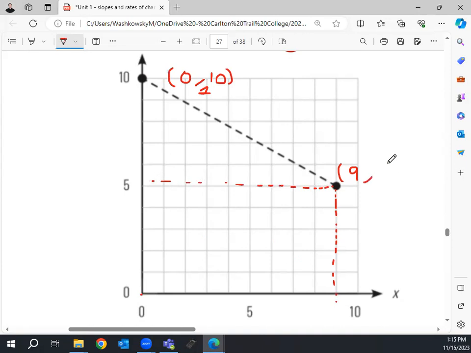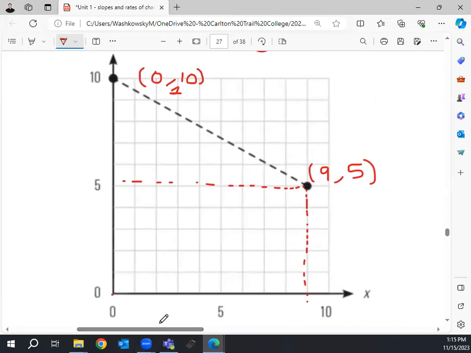So this one's 9 and 5. And you can always take a ruler, like your pen or something, to line it up as well. You don't always need to draw these lines if you have a good eye. And sometimes we make mistakes. Sometimes we miscount and stuff. Those things happen. That's okay.